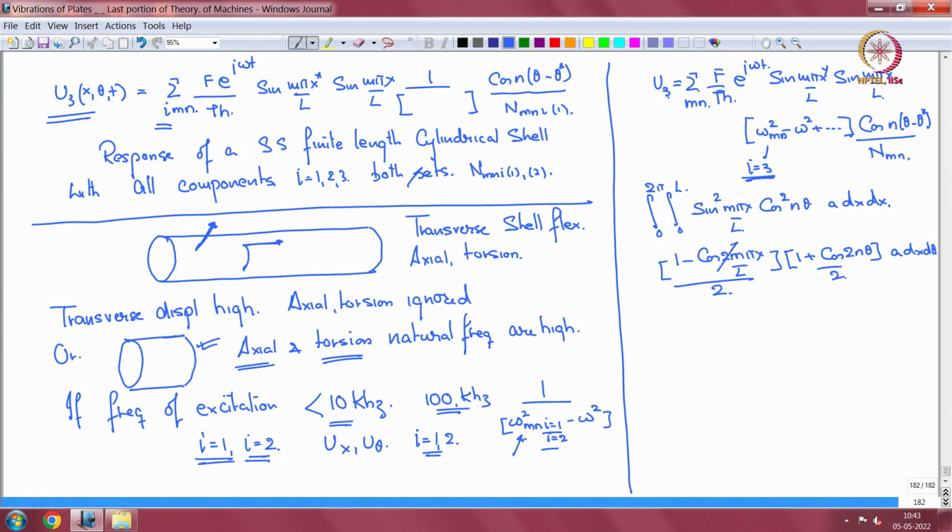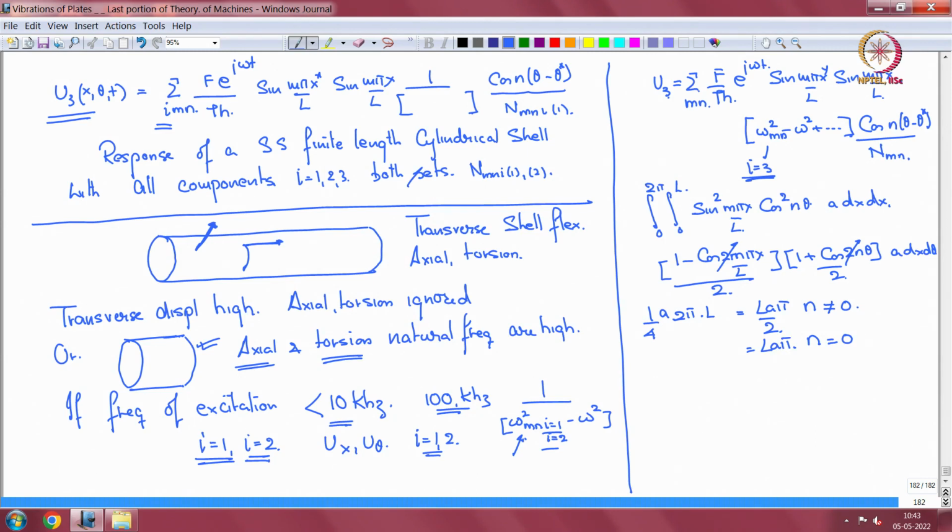Now these cosine terms will integrate to 0. So I have 1/4 into a into twice pi into L. So this is L a pi by 2, for n not equal to 0. For n equal to 0, it will turn out to be L a pi.